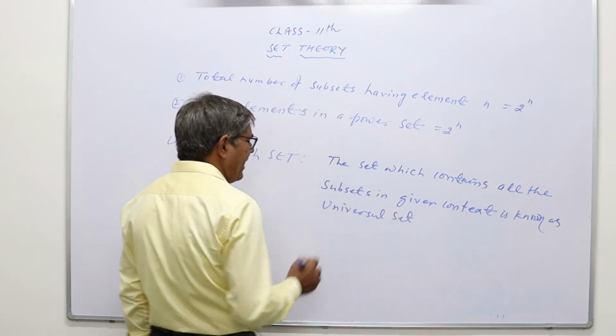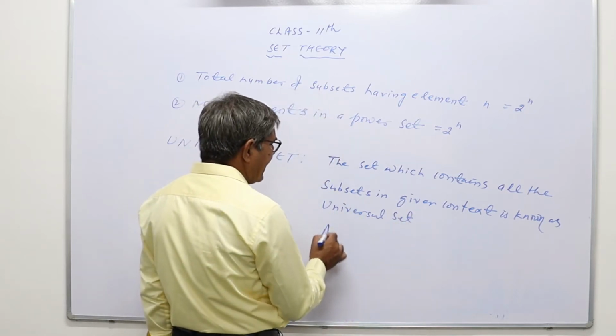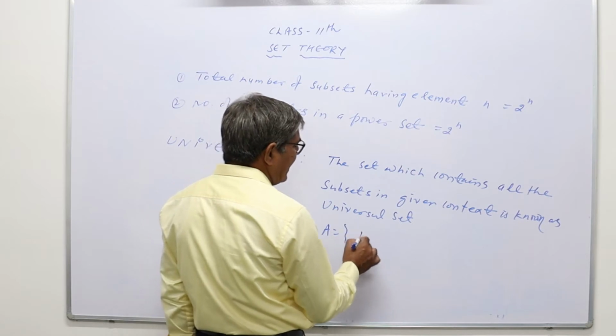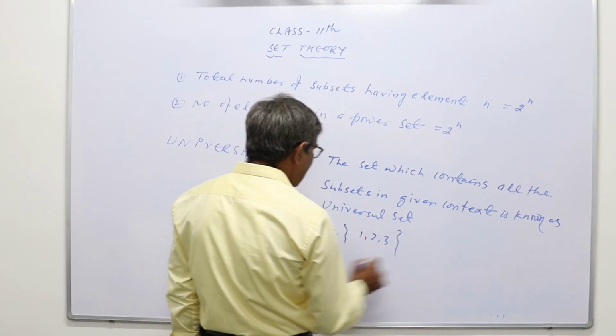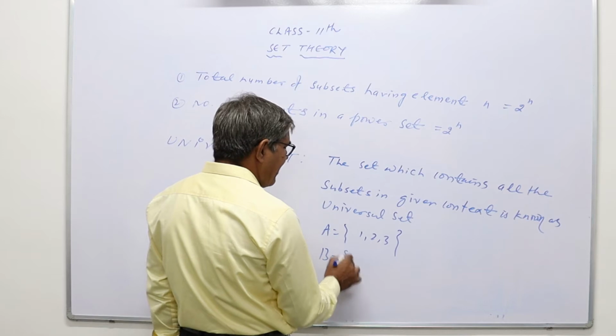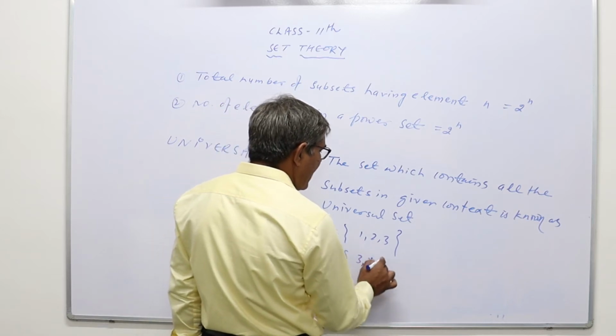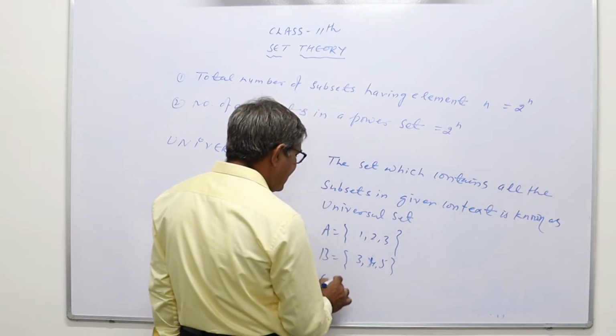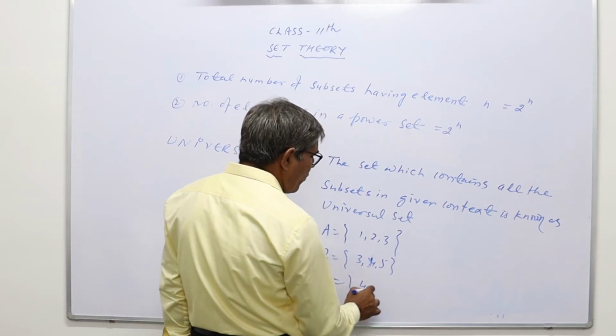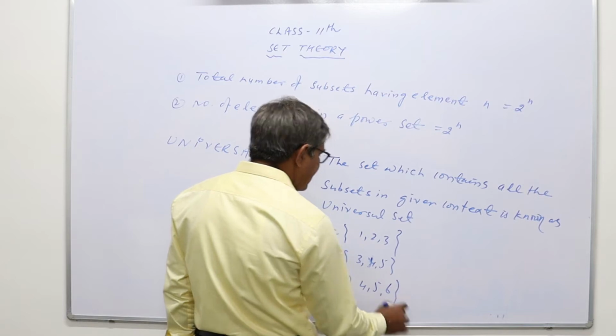For example, let the set A have elements 1, 2, 3, set B have elements 3, 4, 5, and set C have elements 4, 5, 6.